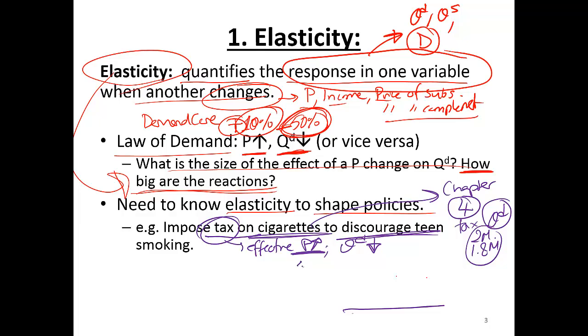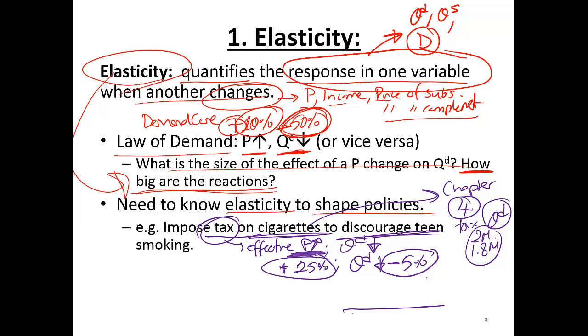Let's say I increase the price of cigarettes by 25%. I put a positive sign for increase. As a response, let's say teen smoking has gone down by only 5 percentage points. If this is the case, I would be a little bit discouraged.